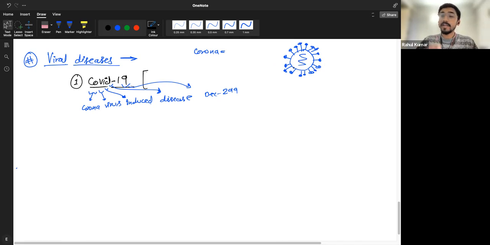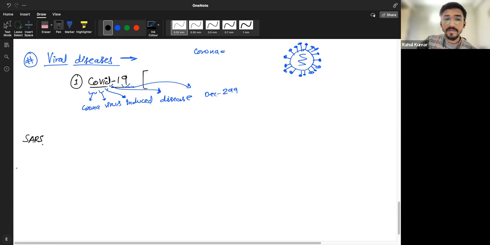Now there are many different types of coronavirus. This is not the first coronavirus that we are encountering. You should know that before that there was SARS, severe acute respiratory syndrome, around 2003, if I'm not wrong. It spread in many countries of Asia.